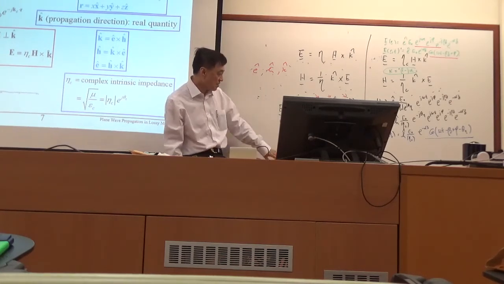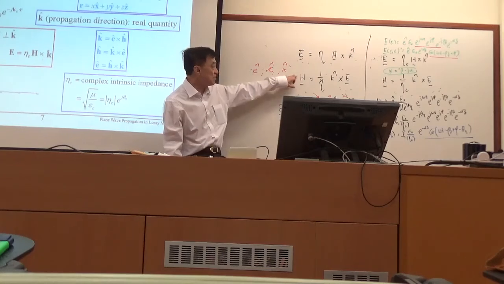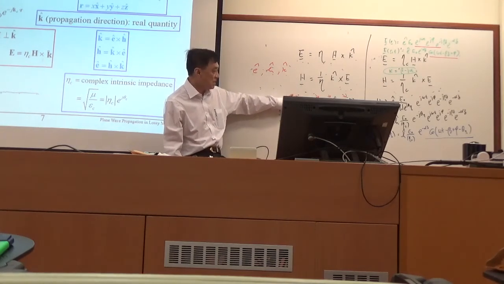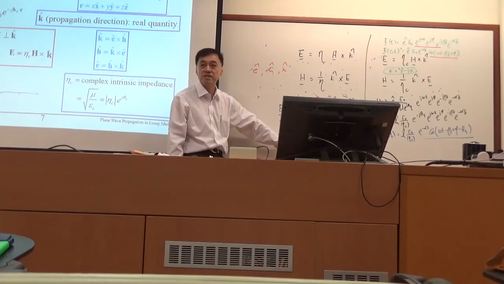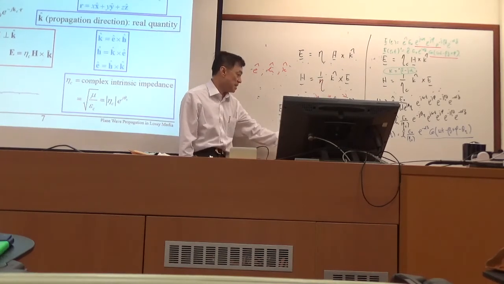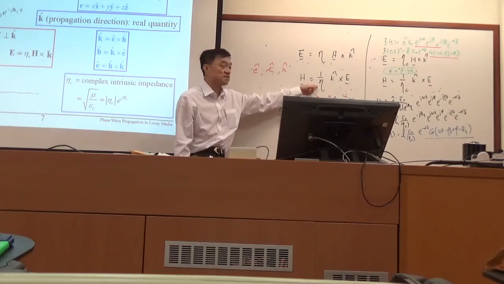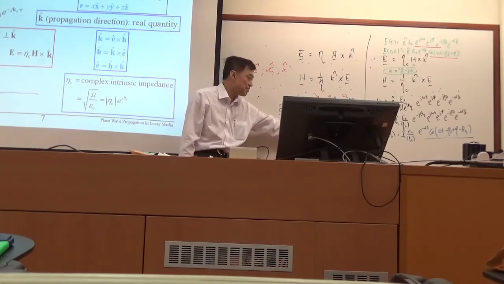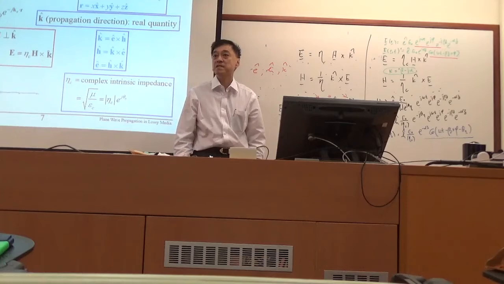Then H. You make use of these equations and do the phasor form. E becomes H, the polarization, and E naught has to be divided by zeta. Zeta is real, so just divide by zeta. e^(j omega t), e^(j phi), e^(-jkz), everything is the same.